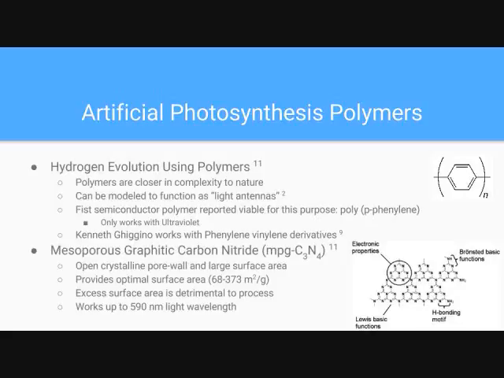It has the optimal surface area of 68 to 373 meters squared per gram, and any more than 373 is detrimental to the light absorption process. It works up to 590 nanometers of light wavelength, which allows it to absorb most of the sun's light spectrum.